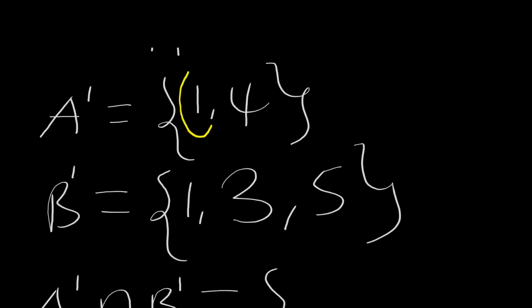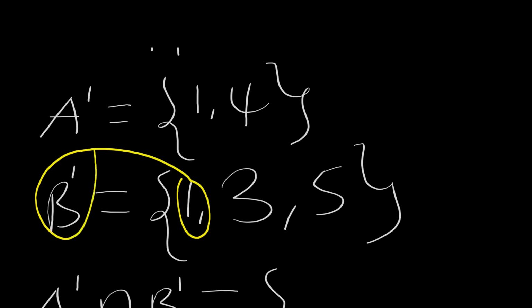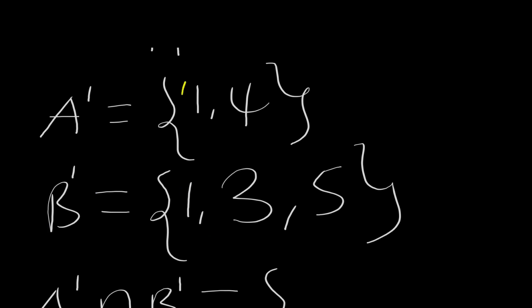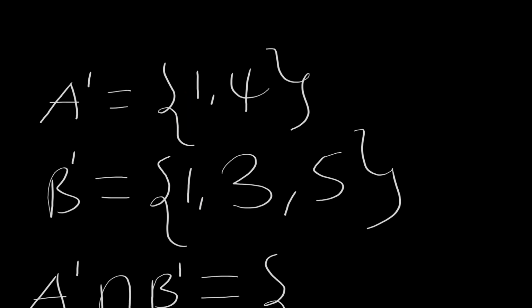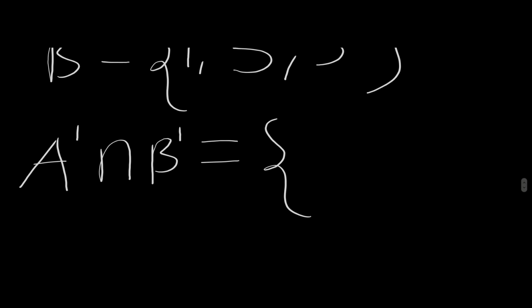Obviously, 1 can be found in A prime, and also in B prime. And 1 is the only element that can be found in A prime and B prime. Hence, A prime intersection B prime is equal to 1.